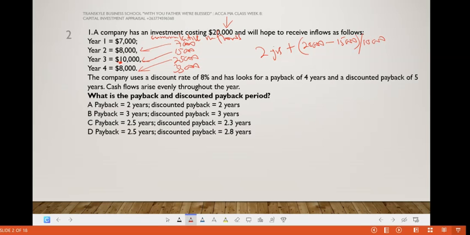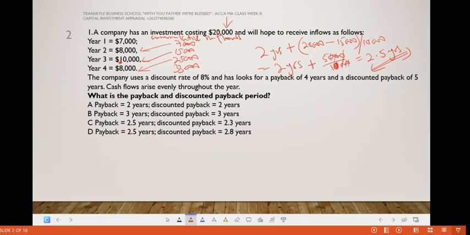This means the payback period should be 2 years plus 20,000 minus 15,000, that's 5,000, all divided by 10,000. 5,000 over 10,000 is equal to 0.5. So we have 2 plus 0.5, that is 2.5 years. In terms of ordinary payback, the payback period is 2.5 years.